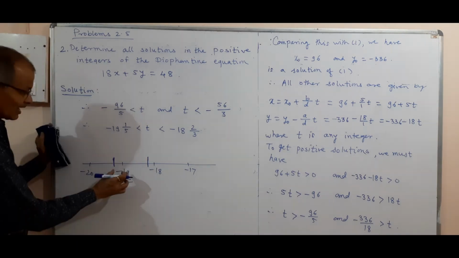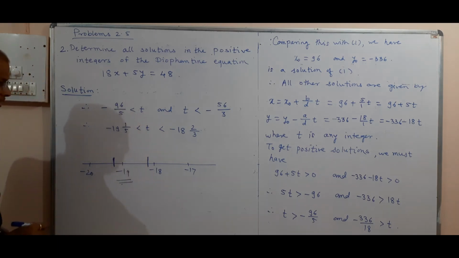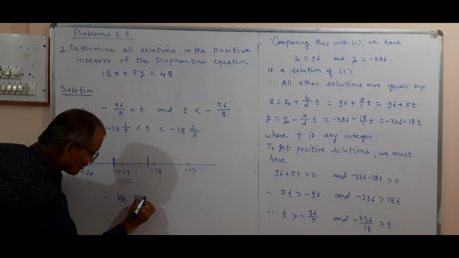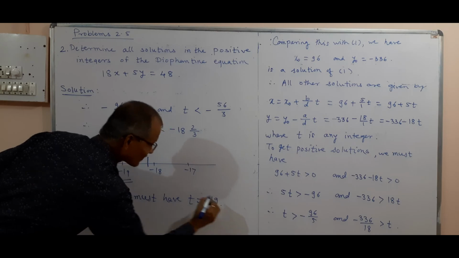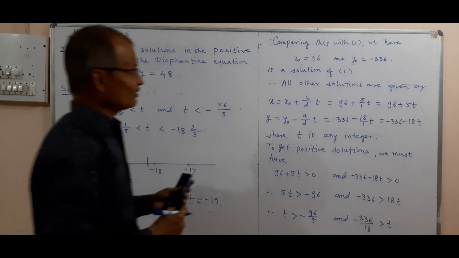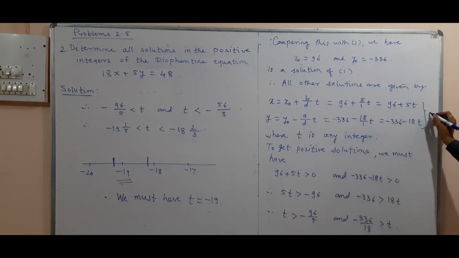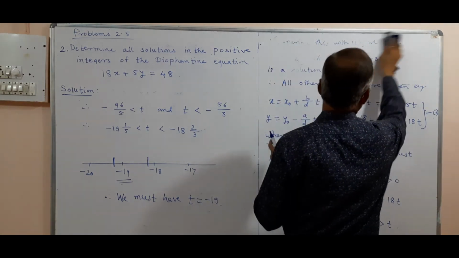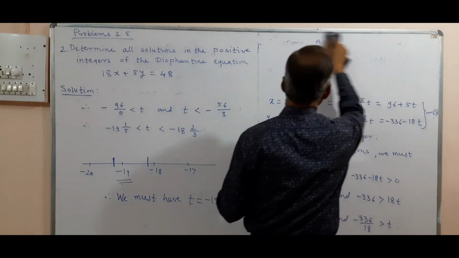T lies between minus 19 point some number, written approximately, and therefore we must have t equal to minus 19. Now we use this value in the solution that we numbered 3.